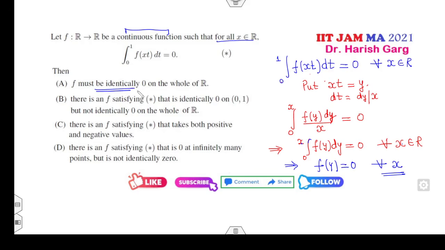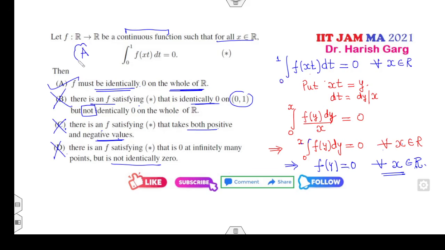So f is identically 0 on the whole of R, for all x belonging to R. There is an f which is identically 0 on the open interval but not on R. That's wrong because our result is true for all R. f takes positive and negative values. That's wrong because f is always 0. f is 0 but not identically 0. That is again wrong. A is the right answer of the problem.